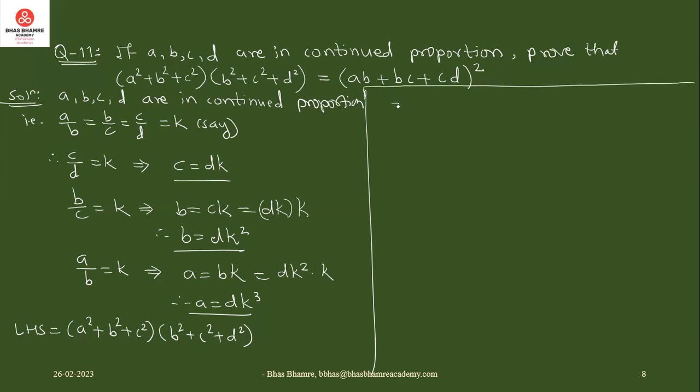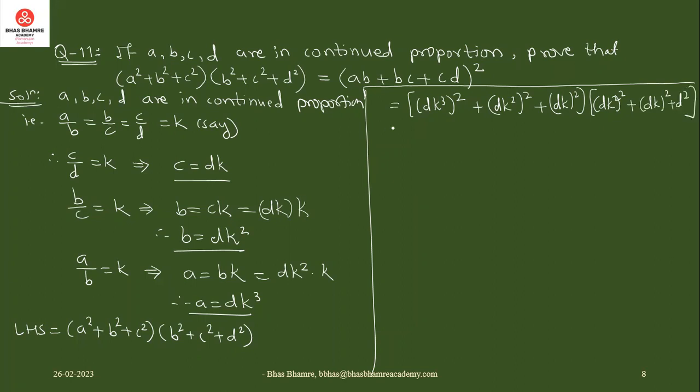So LHS: A is DK cube, its square, plus B is DK square, square, plus C is DK, so DK the whole square. And in the second bracket, B is DK square, and C is DK, plus D square as it is.